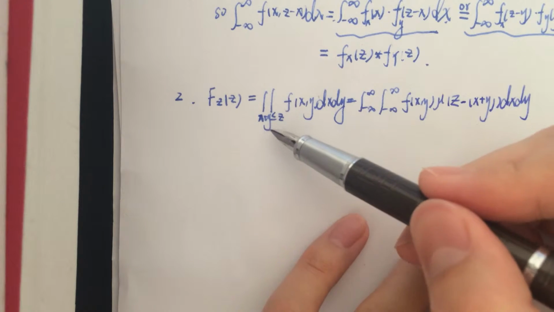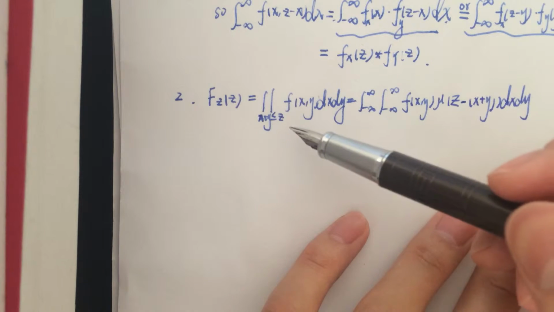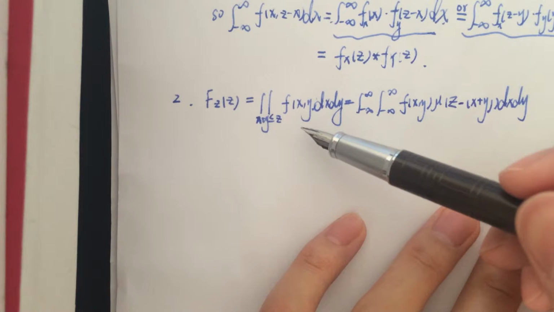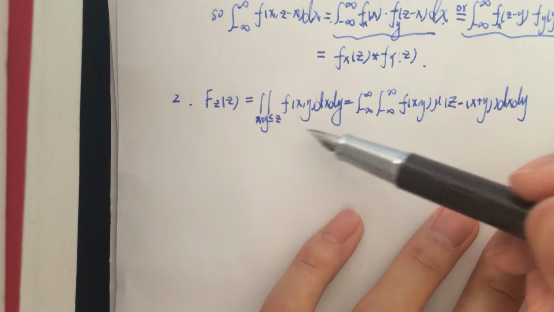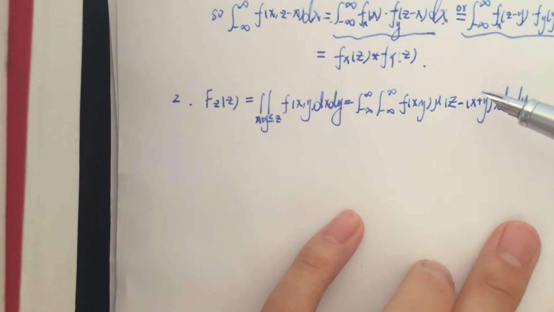Since x plus y is less than or equal to z, x and y cannot be larger than z.